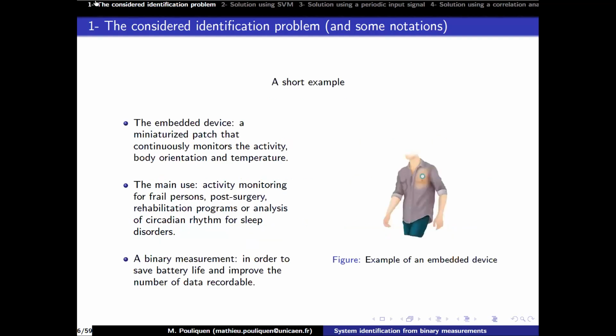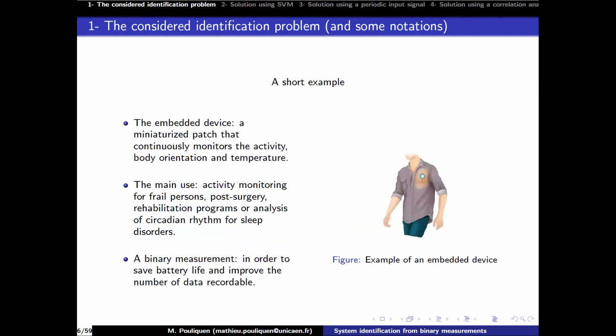A short example: a few years ago, I worked with a company who developed a small device. You wear it, and this device has to measure accelerometric data and temperature.